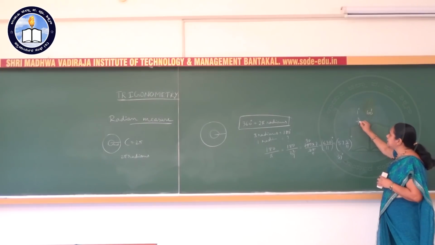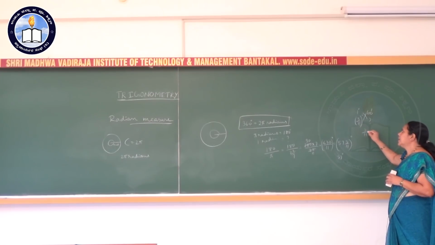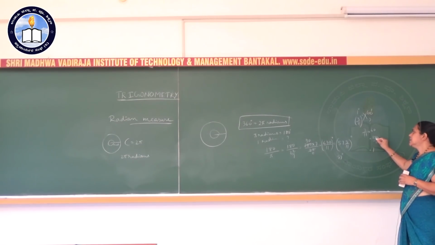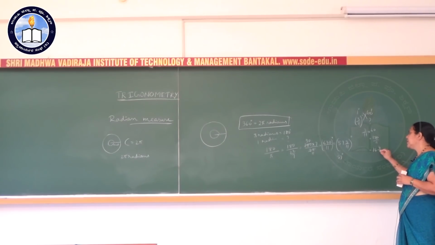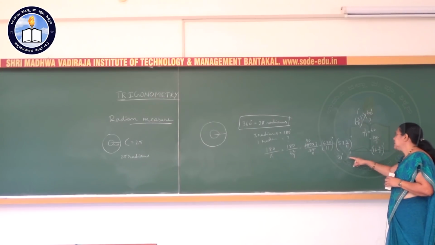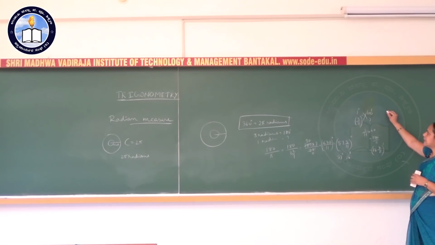So 3 by 11 degrees, how many minutes? 3 by 11 into 60 divided by 1 is the same as 180 divided by 11. 11 ones are 11, 7 remain, 11 sixes are 66, 4 remain, so 4 by 11 minutes, or 16 and 4 by 11 minutes. Now write 4 by 11 minutes in terms of seconds.